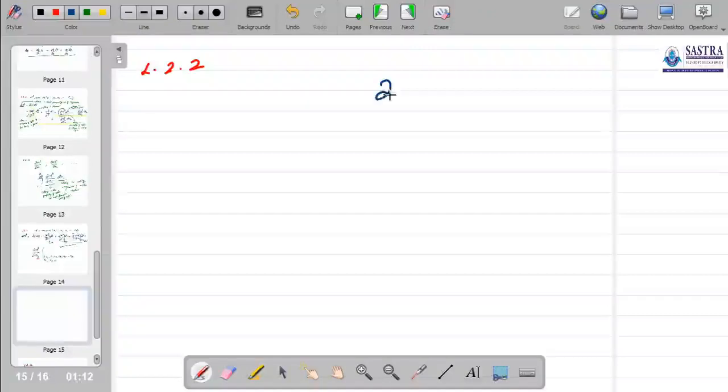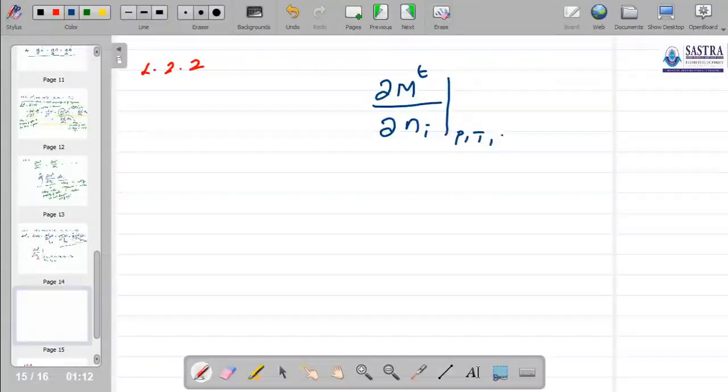It is the change in the property of the system with respect to the change in moles of the ith species, keeping pressure, temperature and all moles other than i constant. This term is called the partial molar property, and it is denoted by M_i bar.